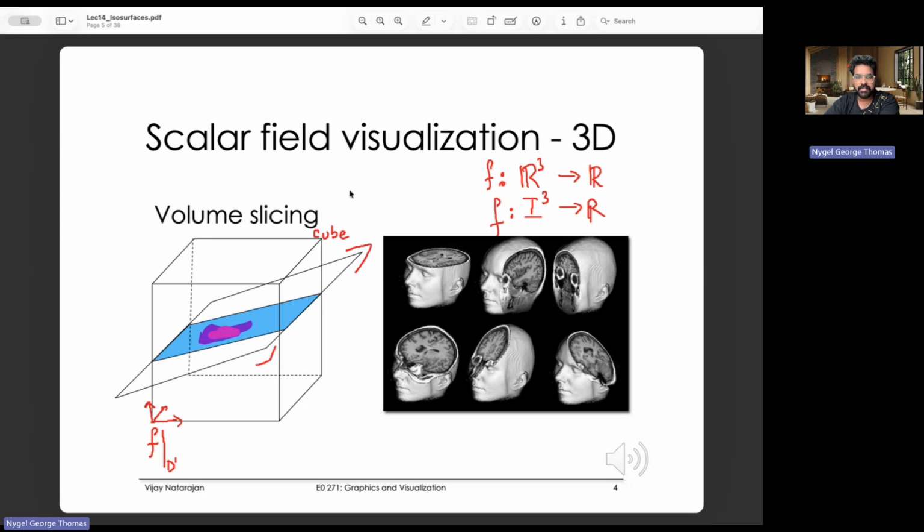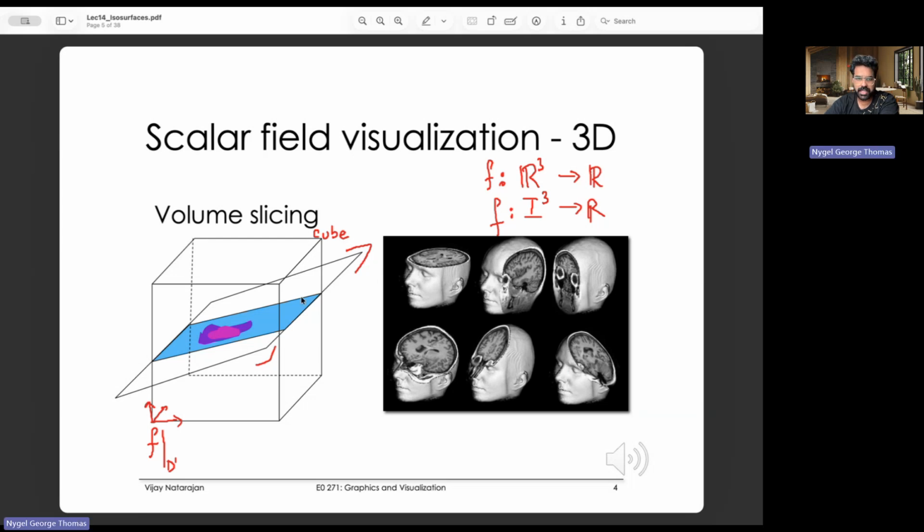In this image, you'll see a plane which is sliced through the viewing volume. Since the plane is a 2D object, you get a corresponding 2D scalar field out of it, and you have standard methods of visualizing 2D fields.